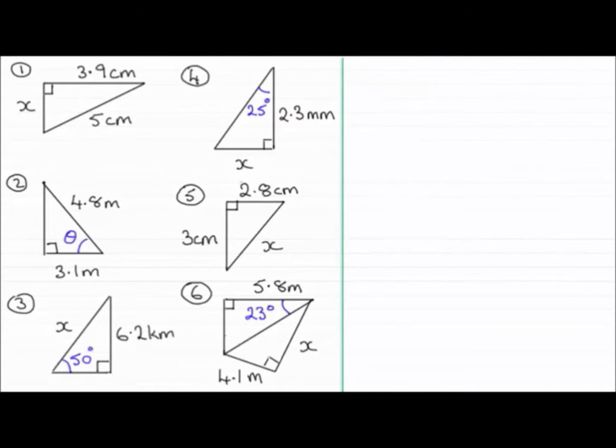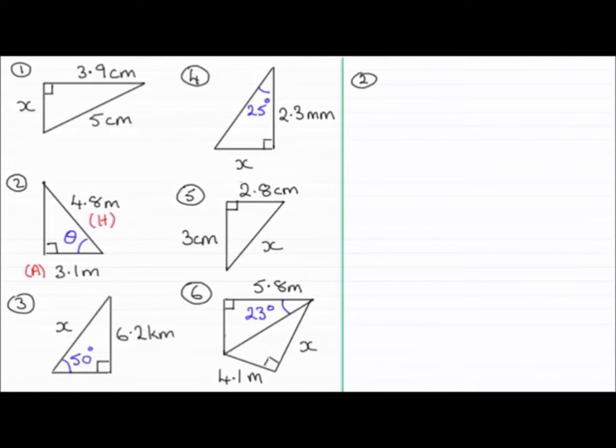So we'll move on to the second one. Okay, and in number 2, here we've got to find the angle theta. And so we need to think of the 2 sides that we've got here. In relation to the angle theta, this is the adjacent side, and this one here, opposite the right angle, is the hypotenuse.